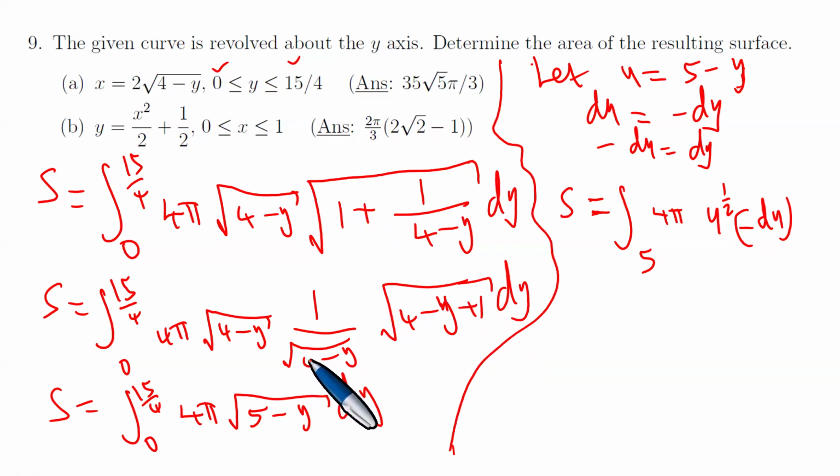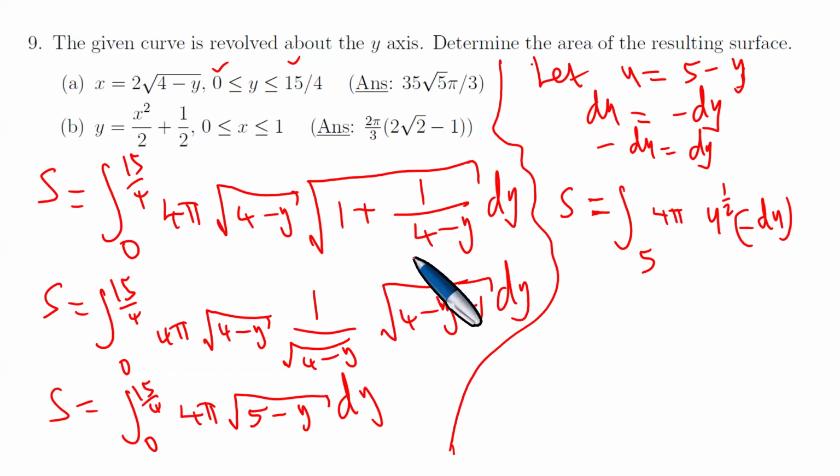Because when you multiply the 1 over 4 minus y with the square root, the 4 minus y is going to cancel because this was a square root, this is a square root. So when you multiply this by that, the 4 minus y is going to cancel, giving us 1. And then you also have the 1 over 4 minus y times 1, which is 1 over 4 minus y. So indeed, this is equal to that.